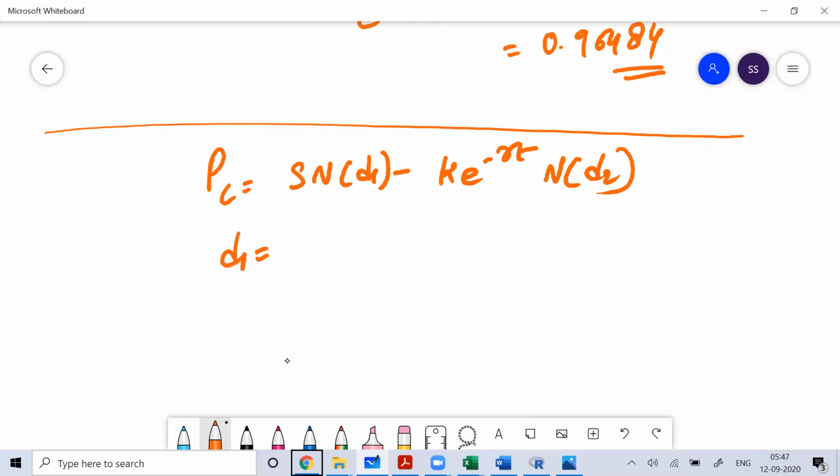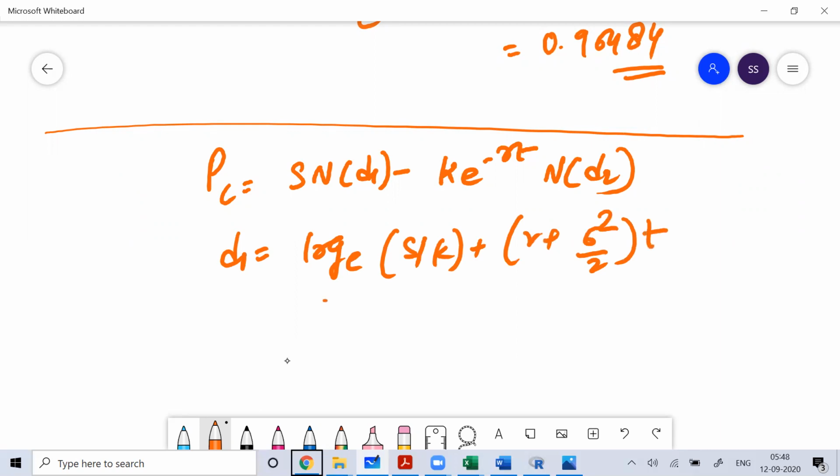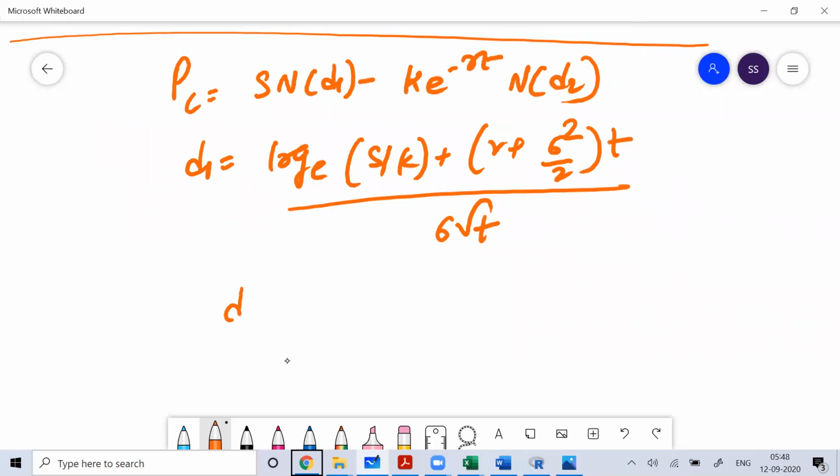We'll find d1. d1 is log e of S divided by K, plus r plus sigma square by 2 into T, divided by sigma root T. Once you find d1, you'll find d2. d2 is d1 minus sigma root T. Once you find d1 and d2, then I'll find N(d1) and N(d2).